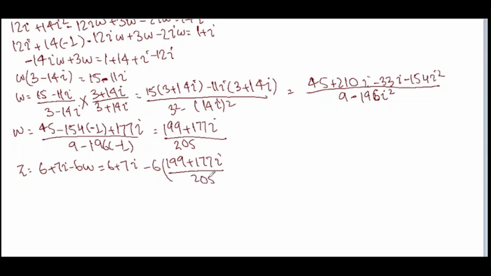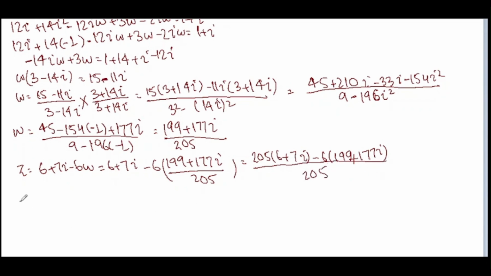Now we are going to multiply all of this with 205, so we get 205 into 6 plus 7 iota minus 6 into 199 plus 177 iota, whole divided by 205.